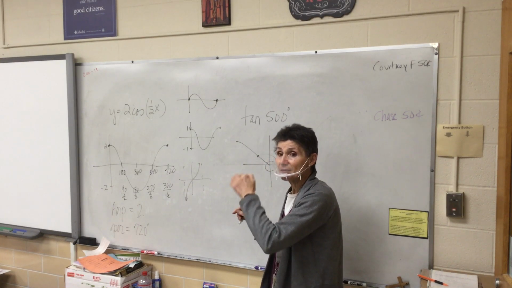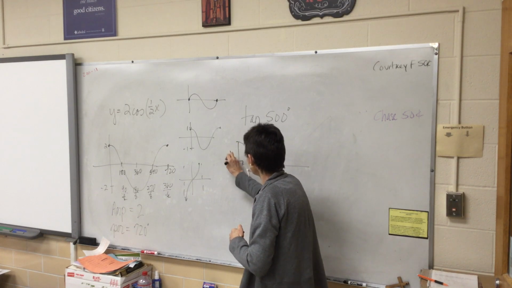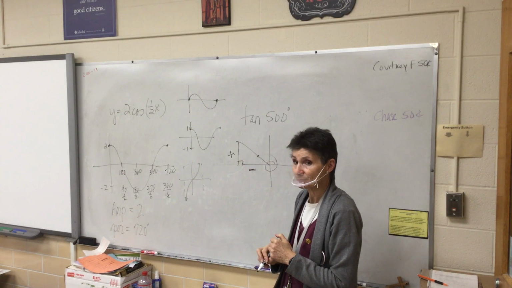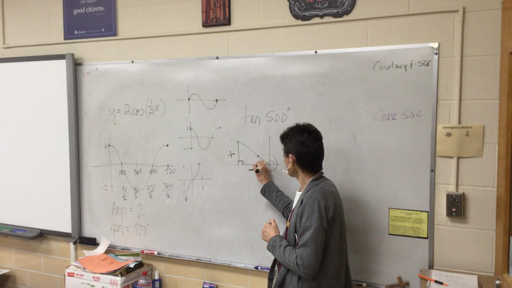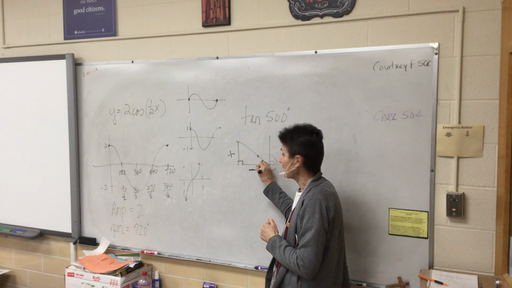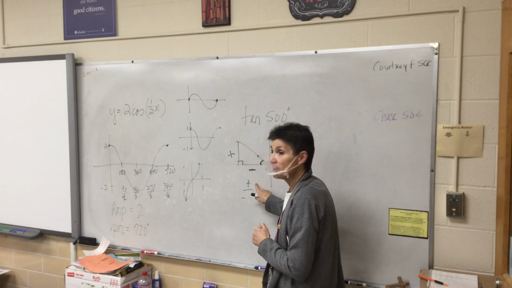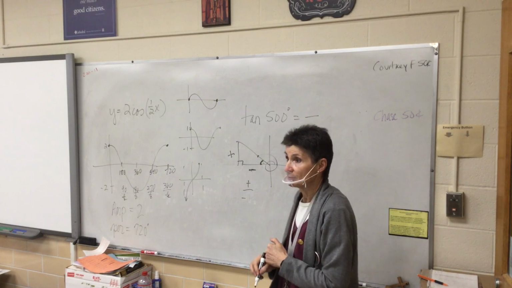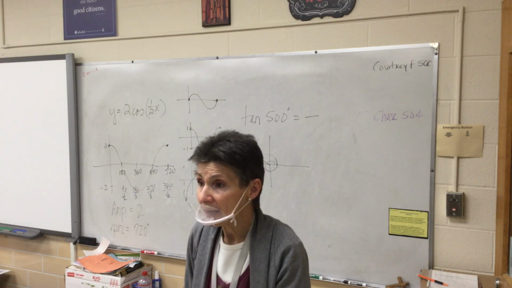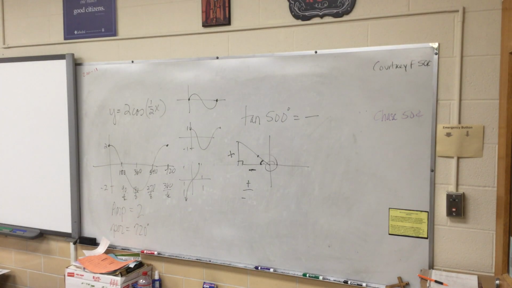If I am in that quadrant, I know that this is negative and this is positive. Tangent is opposite over adjacent. Remember, this is always the angle you're looking at. So opposite over adjacent would be positive over negative. So the answer is negative. And how do you explain that? Because in quadrant 2, x is negative and y is positive.